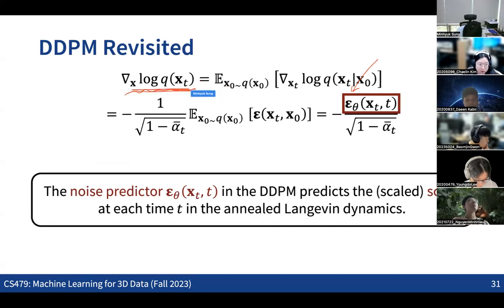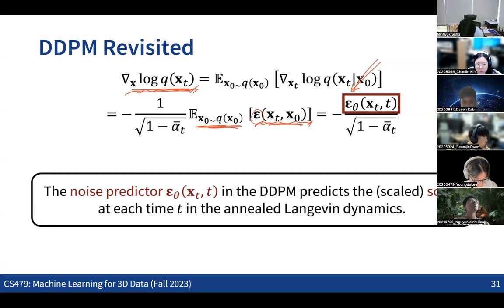So that's basically it. What we are getting with our noise predictor is the expected value of epsilon_t coming from the pairs of x_t and x_0. If we get this expected value, that becomes a scaled version of the score information that can be used in the Langevin dynamics.